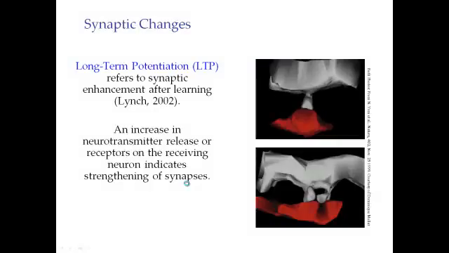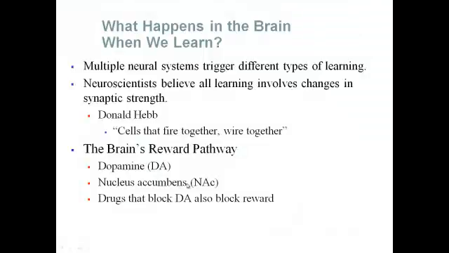And there is a reward pathway in our brain that involves a particular neurotransmitter, dopamine, which is involved very clearly with the reward pathway, the nucleus accumbens in the brain. In this area of the brain, dopamine activity essentially is increased when we engage in learning, when we get rewarded.